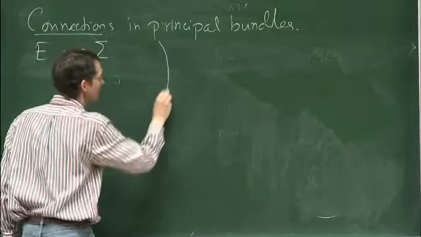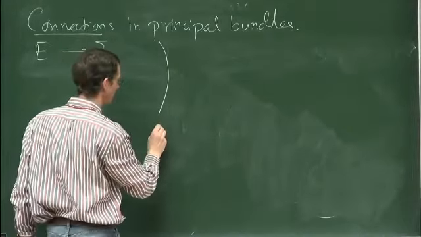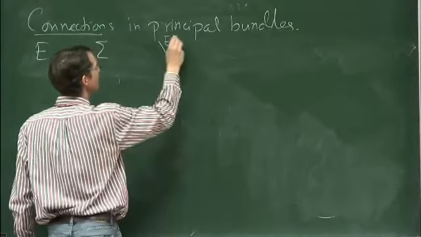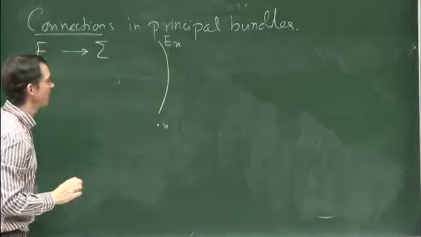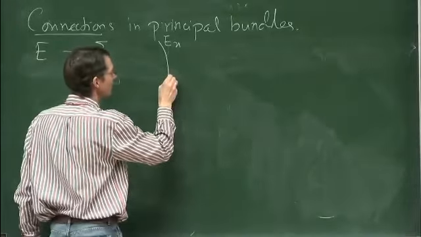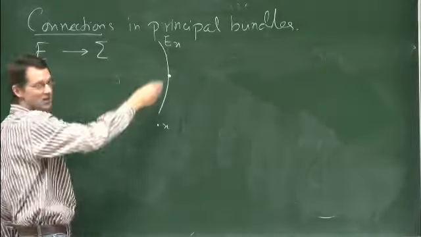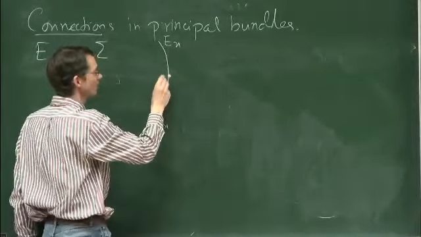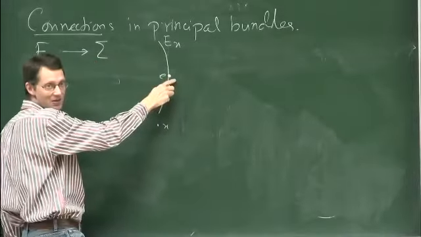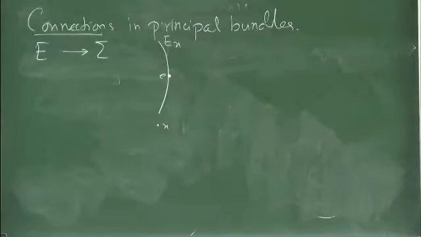That means that any fiber over a point x, we have some fiber E_x, and as soon as we choose a point in the fiber, it gets identified canonically with the group. Okay, that's what Thomas told us.